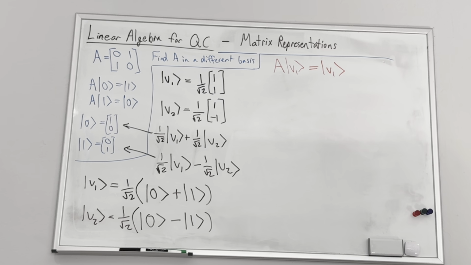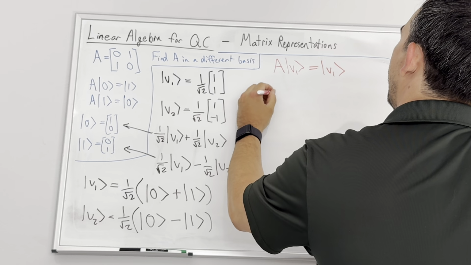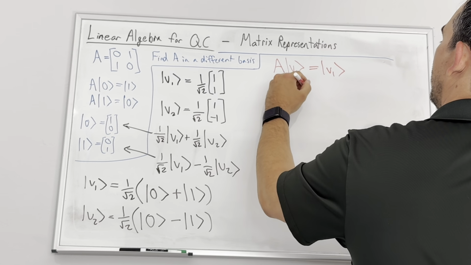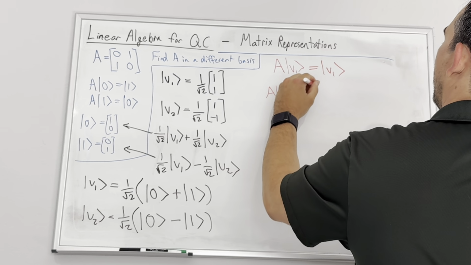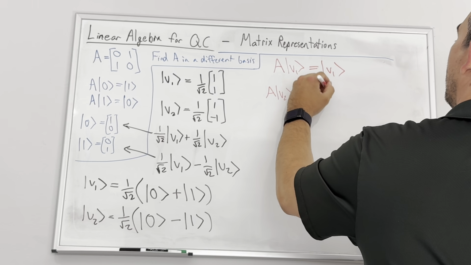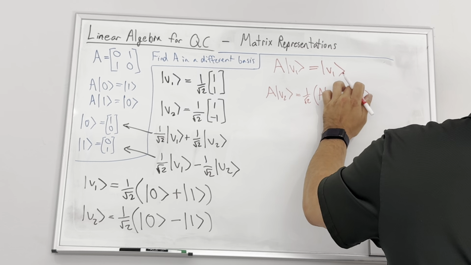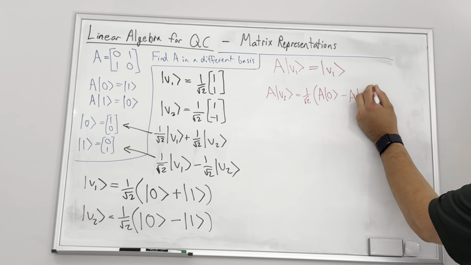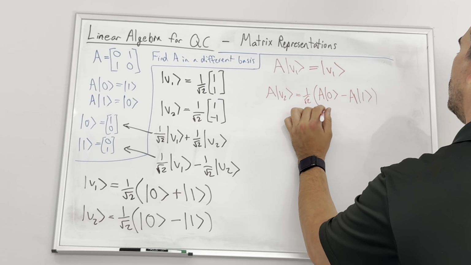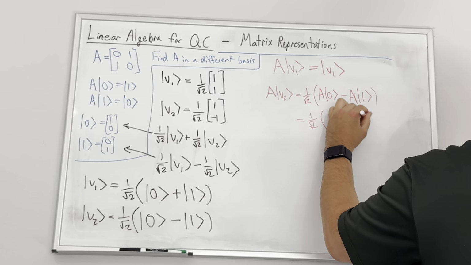Okay, and then if we do a similar analysis for V2, what we're going to get is A applied to V2 equals, again skipping a couple of the steps, A0 minus A being applied to 1, which equals 1 over root 2 of 1 minus 0.